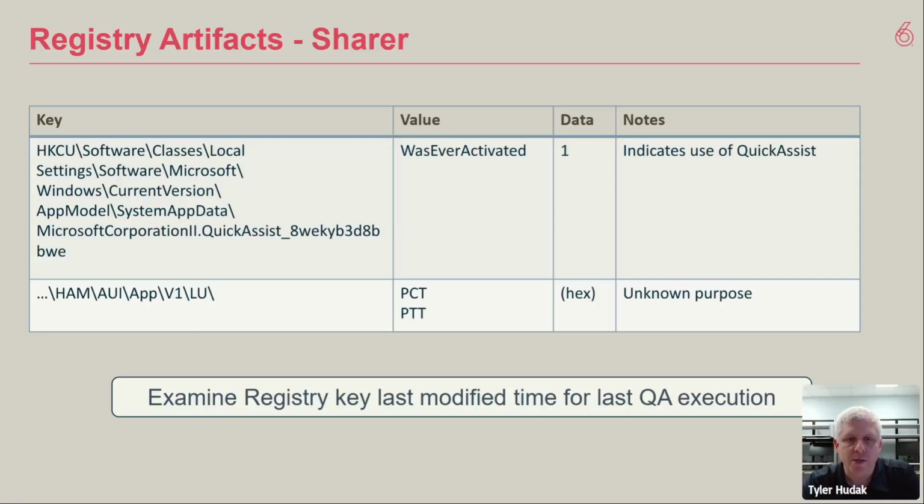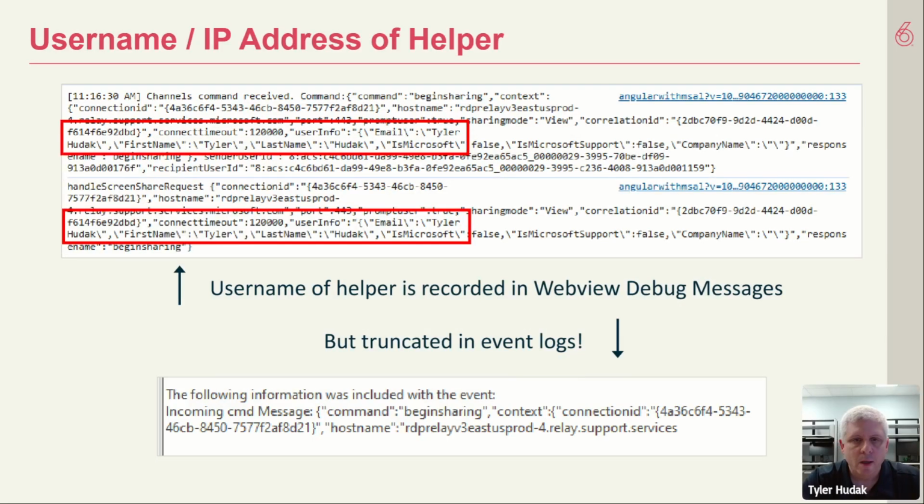Okay, moving on. So we talked about the event logs. We talked about the file system. We talked about the registry. One thing I want to show, and this is something that I was recently able to confirm and not super happy about: remember when we talked about when authentication occurs on the helper side, the person who's connecting to the system, the attacker, in order to use Quick Assist, they have to log into a Microsoft account.